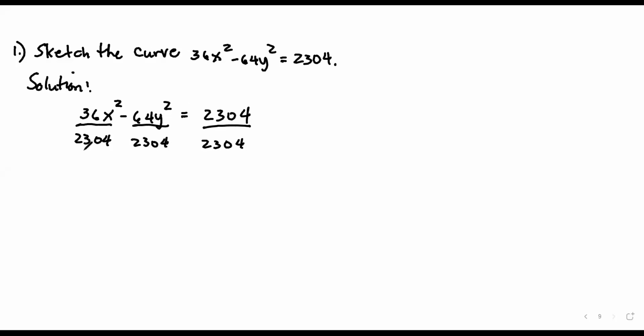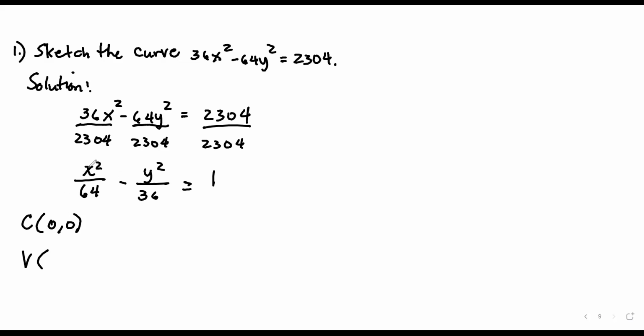So we will have 36 over 2,304, that is x squared over 64, minus 64y squared divided by 2,304, that is y squared over 36, equals 1. So let's find the coordinates of the vertices. So it means the center is at the origin. Okay. The vertex, the coordinates of the vertex.